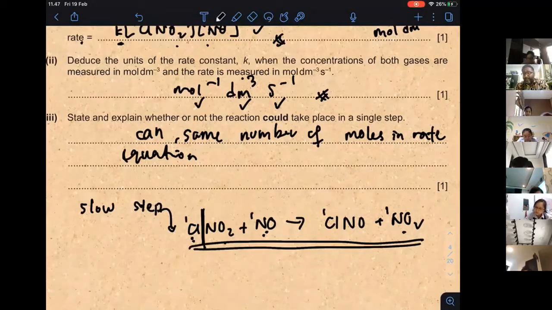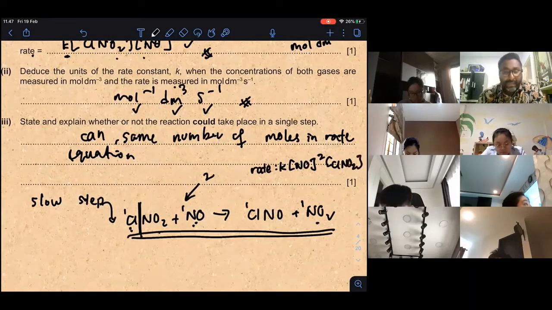Now, let's say one of the reactants, instead of 1, happened to be 2. Please take note of this. If that is 2 in the slow step itself, your rate equation is supposed to be rate equals k[NO]^2[ClNO2] automatically.